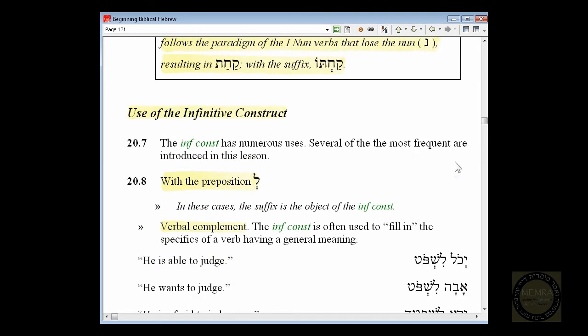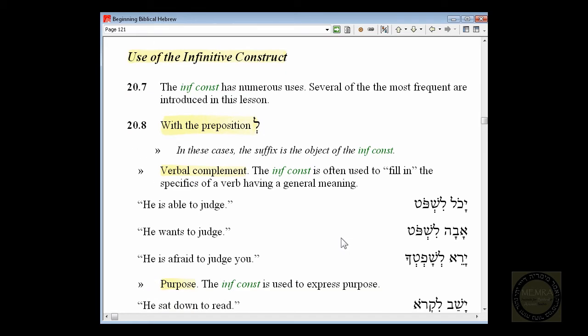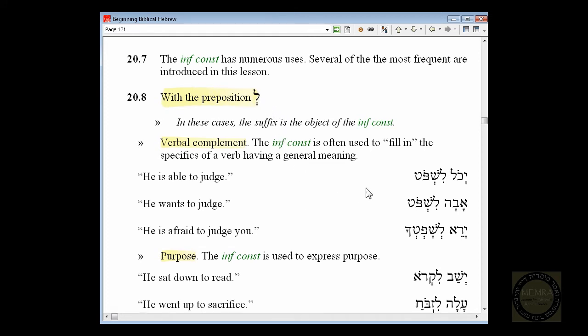Now uses are again really translations. When you have an infinitive construct that is preceded with the lamed preposition, like here we have lishpot down here, and then we have lishpot with a suffix, we would translate it like an English infinitive, to judge.